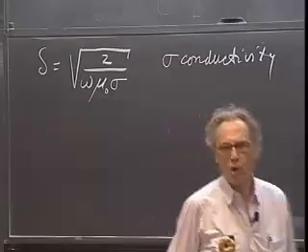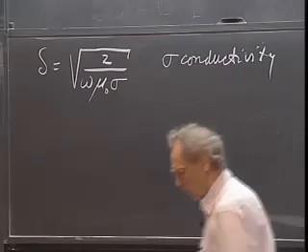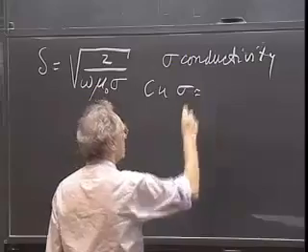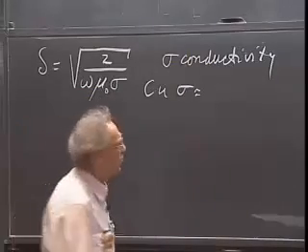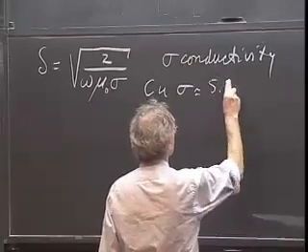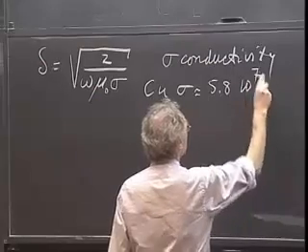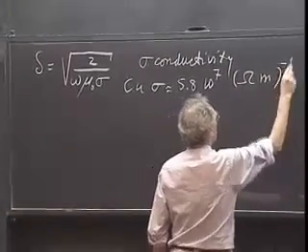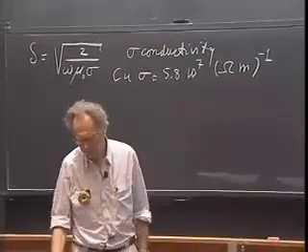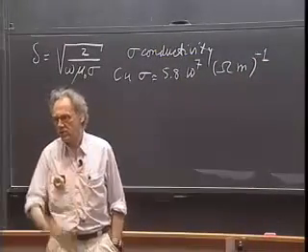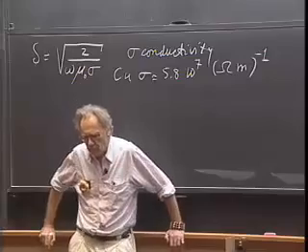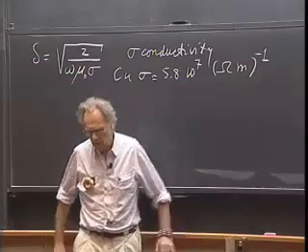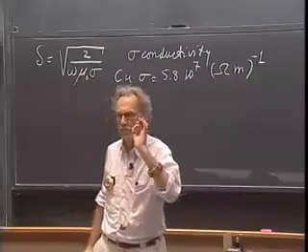But even if you take something like copper, which is an extremely good conductor, sigma is of course not infinitely high, but something like 5.8 times 10 to the 7th, and the units of conductivity are ohm meters to the power minus 1 in SI units. If you use this sigma and take 1000 megahertz radiation, which has a wavelength of 30 centimeters, then the skin depth is only 2 microns.